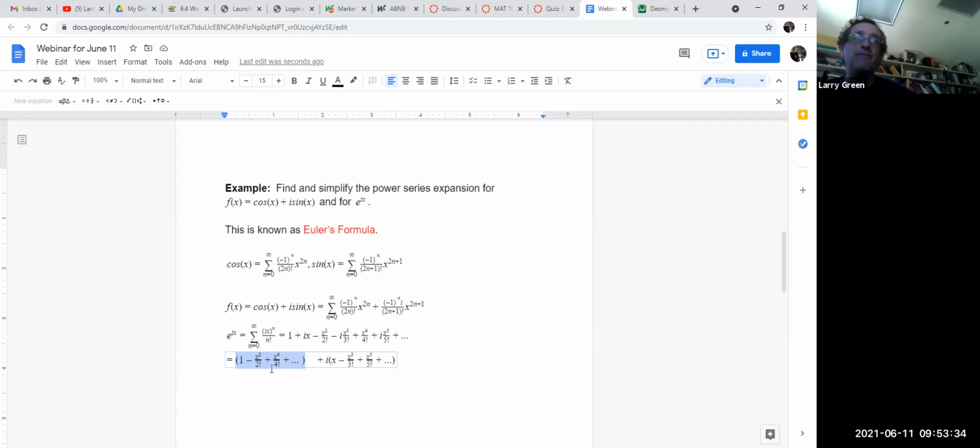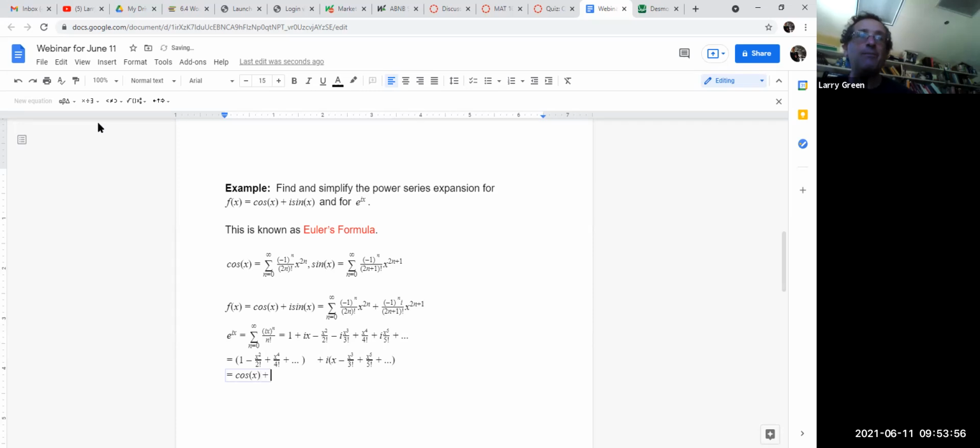This is a 2n factorial. It's alternating, so there's a negative 1 to the n. This is cosine x. The first part is the cosine x. That's what that series is when you expand it out. So the amazing thing is we can say this is equal to cosine of x.